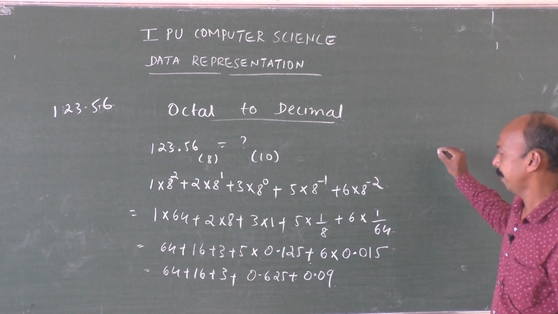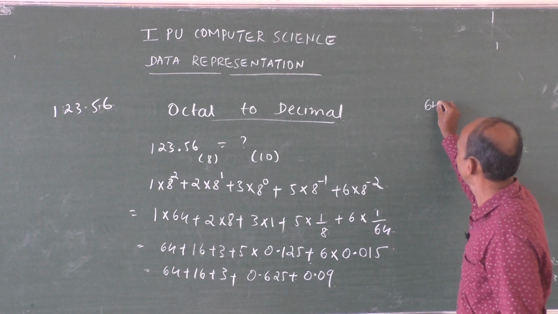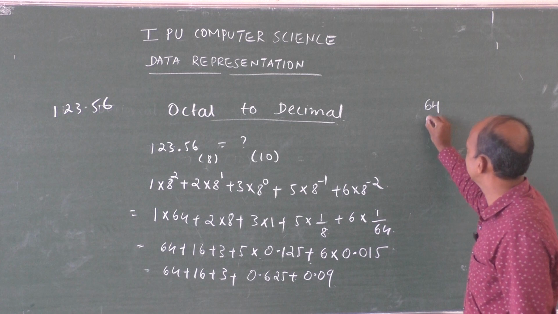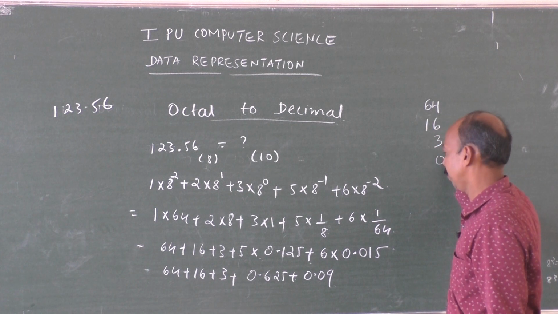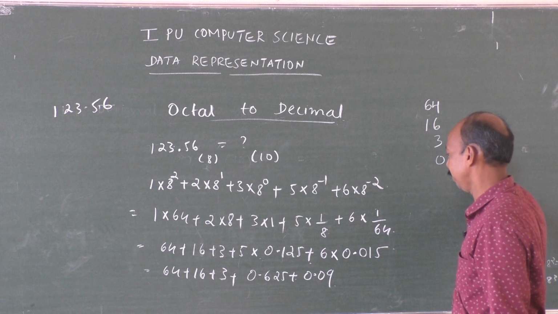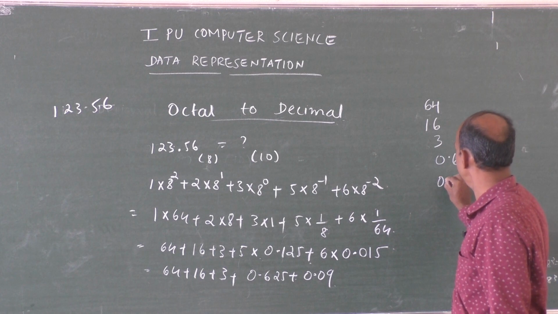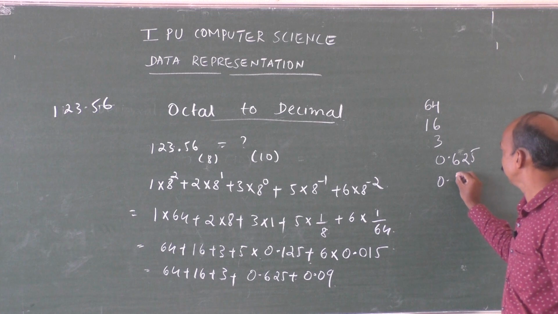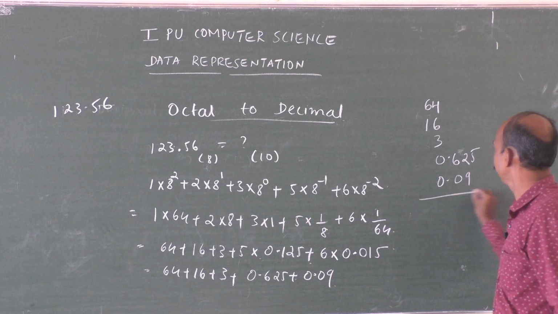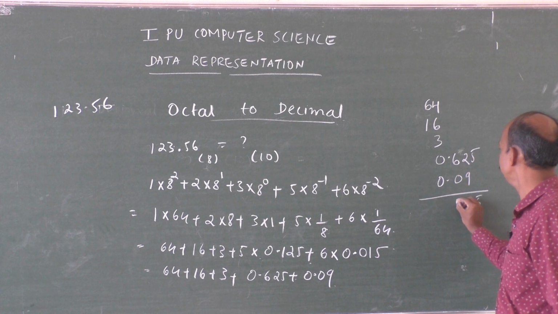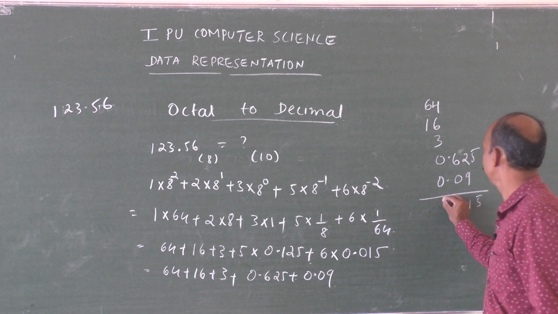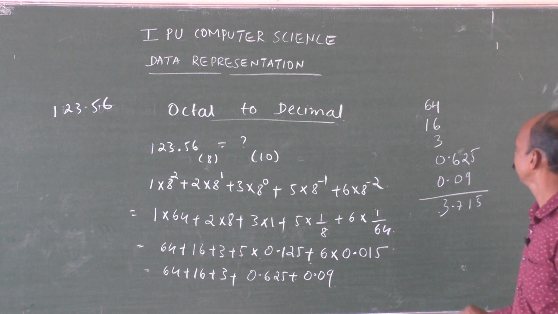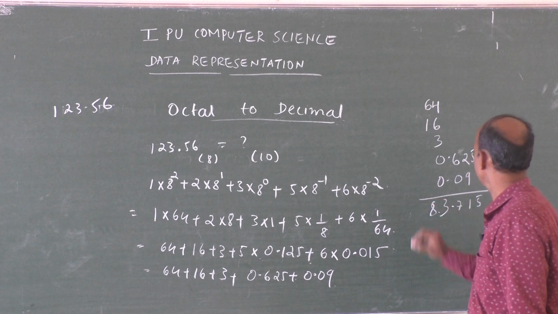That's why 64, 16, 3, 0.625, 0.09. 5, 11, 7, 83.